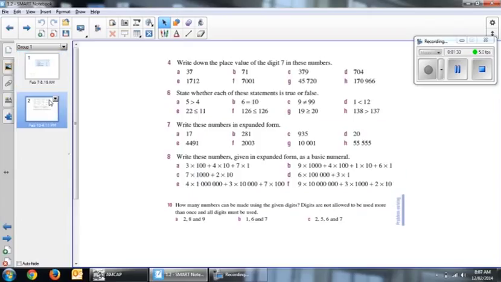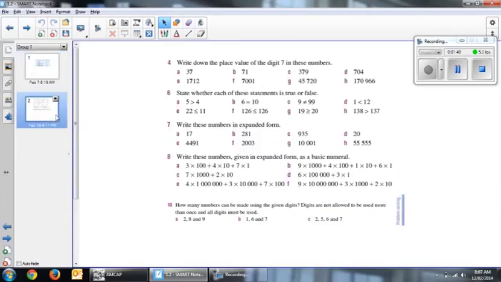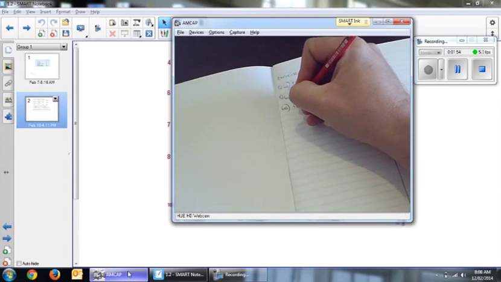Our symbol was that one. If you don't know what that is, that means greater than. With this, you just need to say whether it's true or false. So in this instance, read it like a sentence. 5 is greater than 4. Well, that is true. So we can write that down in our book as being true.